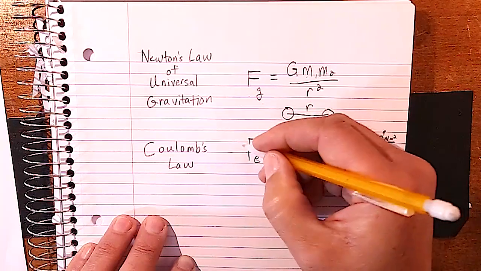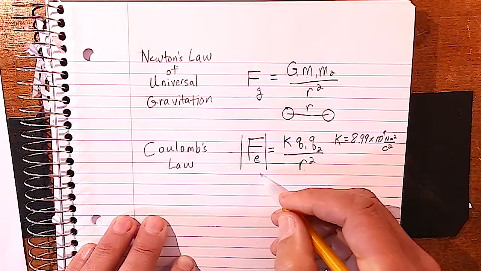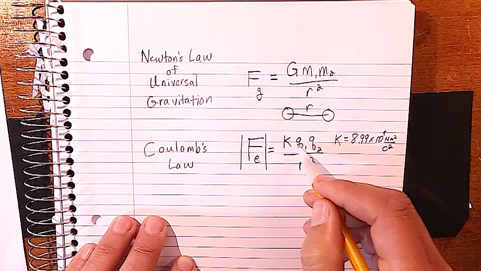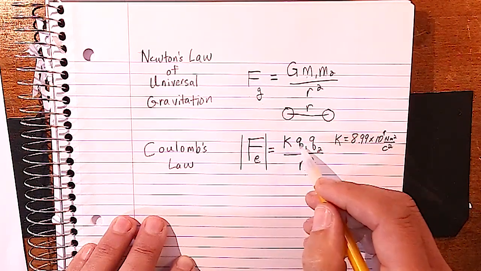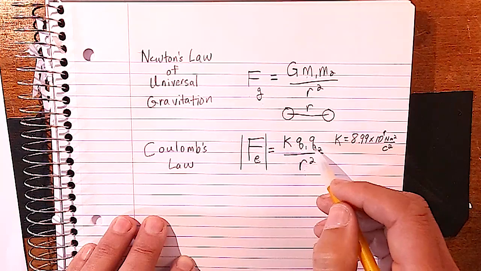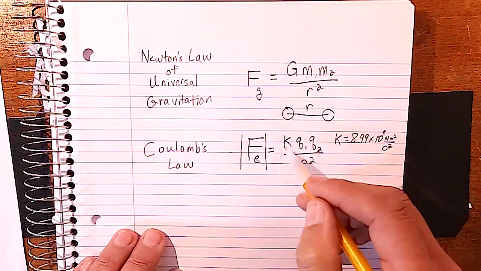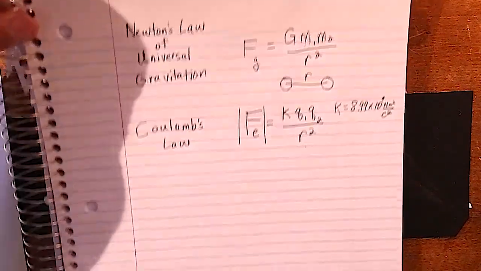Well, really, this formula should have 2 bars and should be the absolute value, because it's up to us to figure out that if one is positive and the other is negative, that they will attract. And if they're the same, then they will repel. So don't worry about the signs, just use logic to figure out what direction they're going to move.